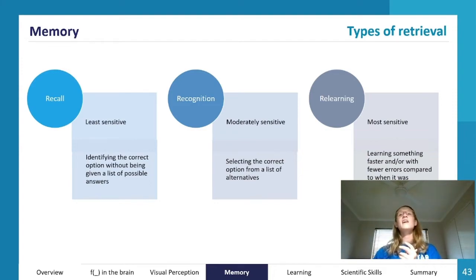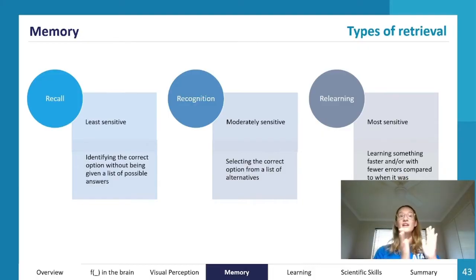But when we're thinking about types of retrieval, how do we bring information from our long-term memory back into our short-term memory, or in the working model of memory into our working memory? In the other memory model, it's our short-term memory. Remember that our short-term memory and our working memory are often seen as quite similar.